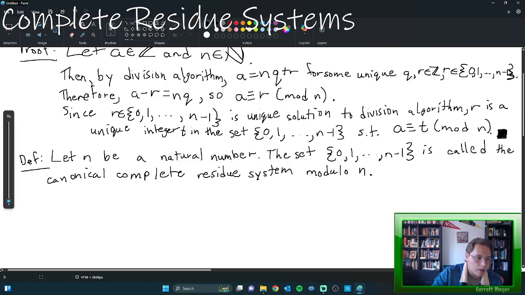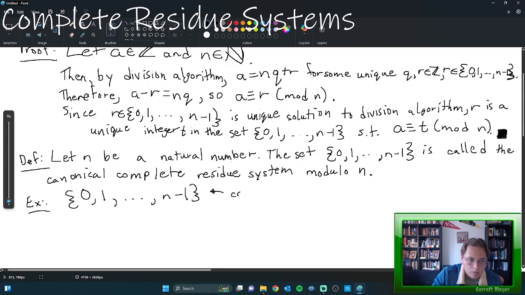Another example, so we have this one. This is the canonical complete residue system, CRS. I'm going to use this acronym a lot throughout the rest of this.